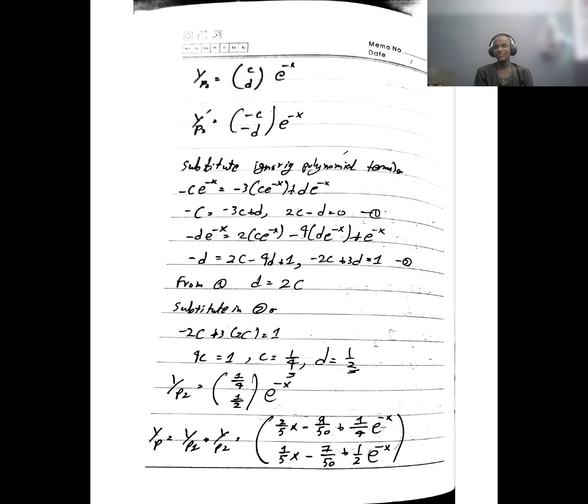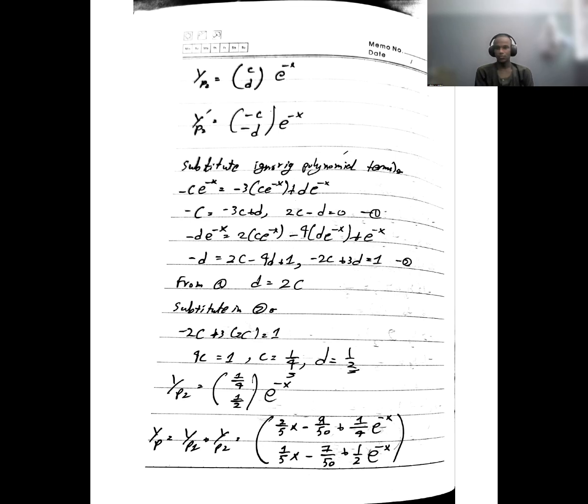And then taking derivatives and substituting, we get the system negative a equals negative 3a plus b, which gives b equals 2a, and negative b equals 2a minus 4b plus 1. Substituting b equals 2a, we have negative 2a equals 2a minus 8a plus 1, which gives 4a equals 1. So a equals 1 over 4 and b equals 1 over 2.